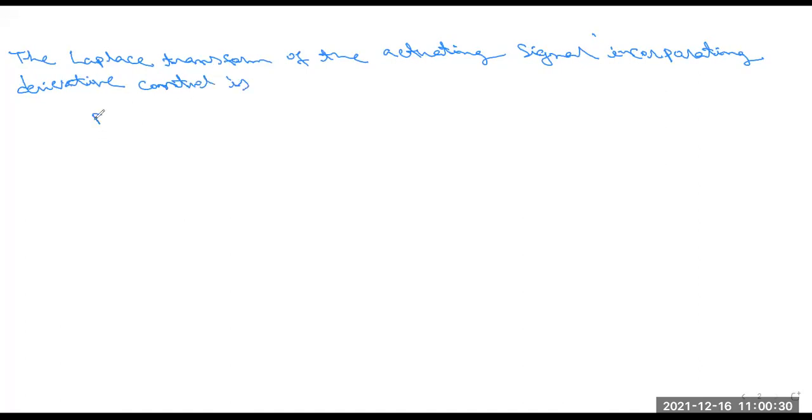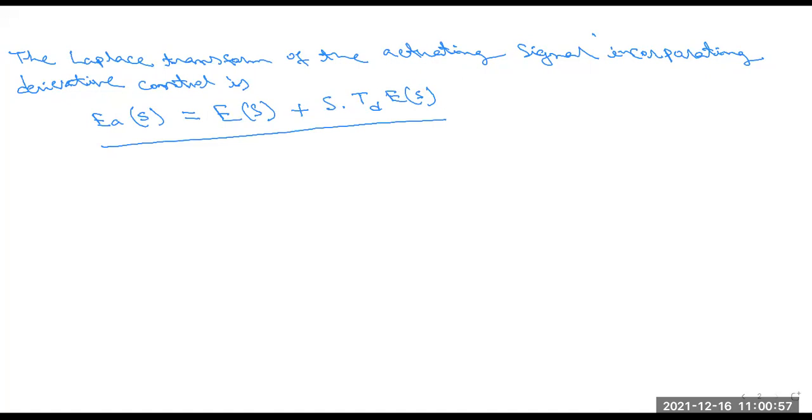Applying the Laplace transform, EA(S) equals E(S) plus S into TD into E(S), where E(S) is the error of the system. So this is the expression of the derivative controller part after applying the Laplace transform.